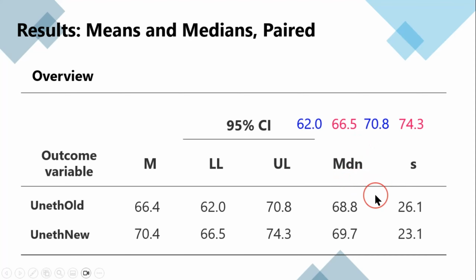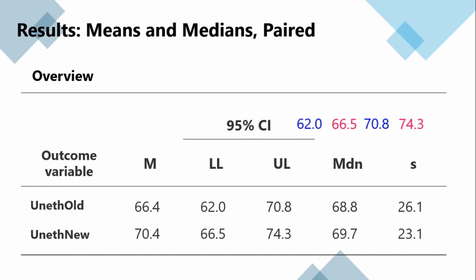The other thing you can look at with this table is the median. If you focus down here for the median, and we talked about this last semester a little bit, if you compare the median right here to the mean over here, we have 66.4 versus 68.8. Now, if the distribution of that variable, its histogram, is perfectly normal, then the median and the mean will be identical to one another.